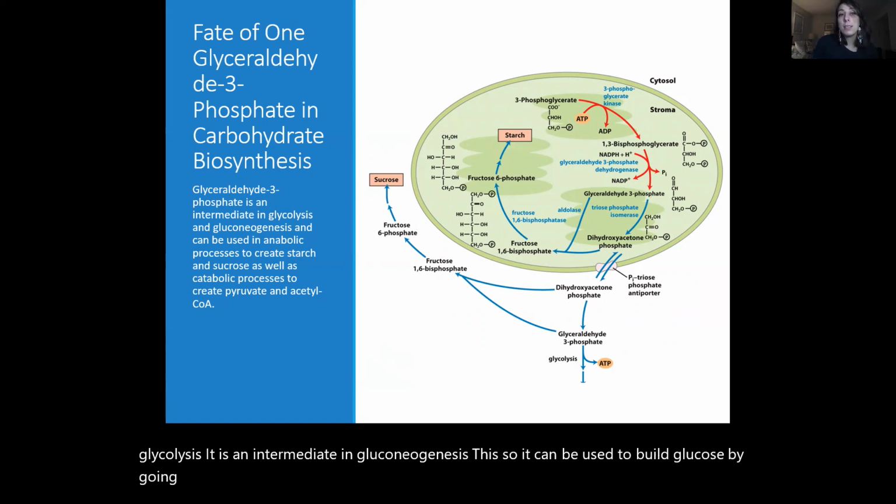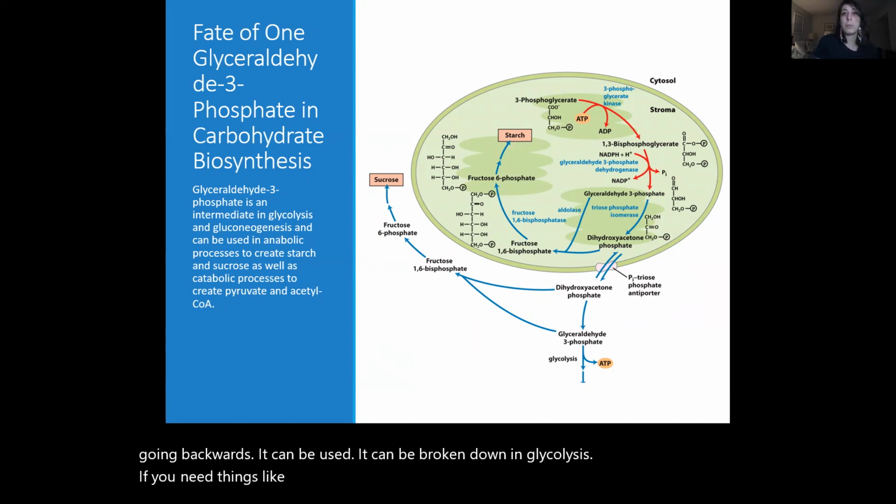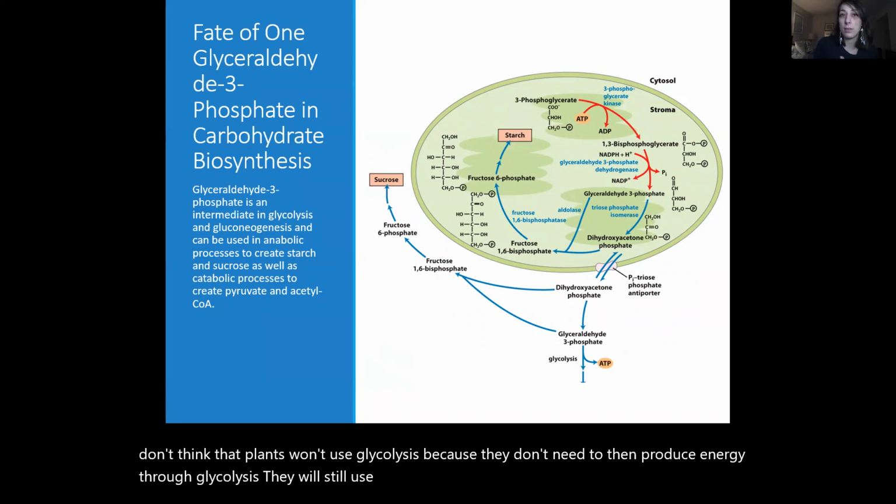It can be broken down in glycolysis if you need things like pyruvate or oxaloacetate, which plants also do utilize those molecules. Don't think that plants won't use glycolysis because they don't need to then produce energy through glycolysis. They will still use glycolysis to make molecules like pyruvate to use in other processes.